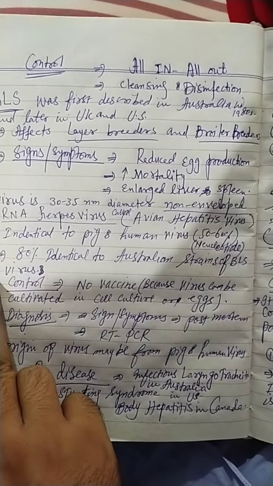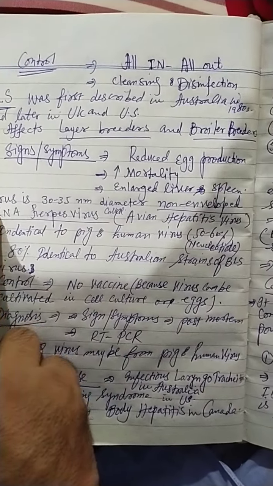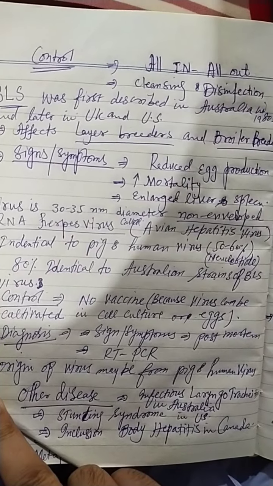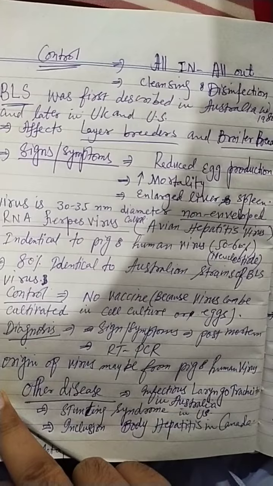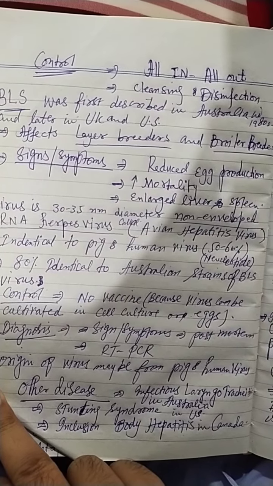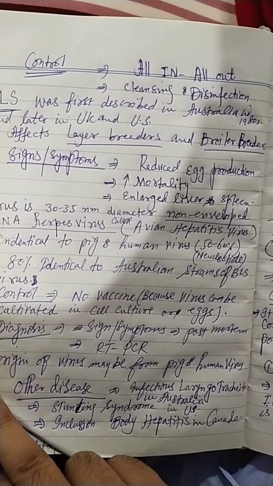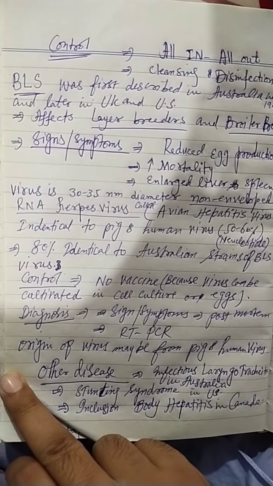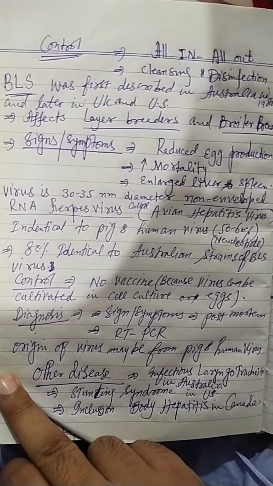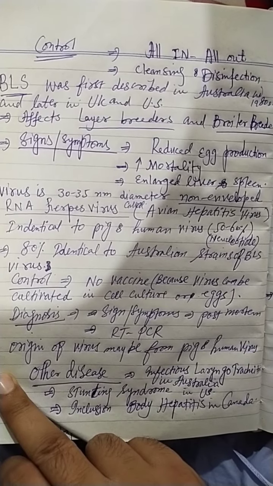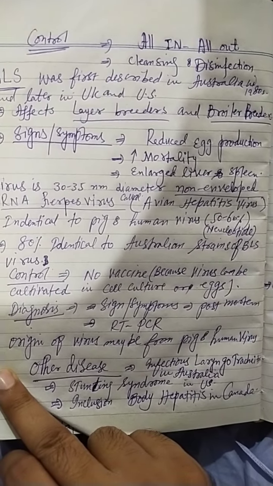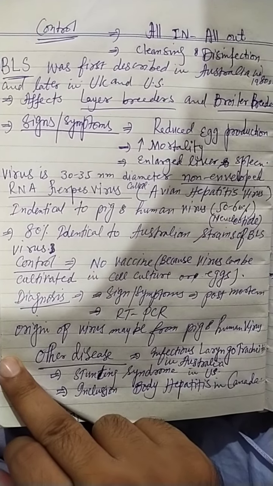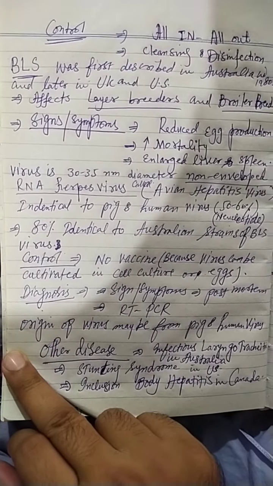It was first described in Australia in the 1980s, and later on in the UK and US. It affects layer breeders and also broiler breeders. Signs and symptoms of big liver and spleen disease include reduced egg production, increased mortality, and enlarged liver and spleen.